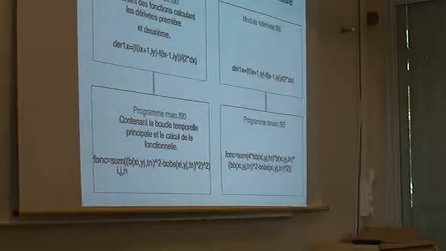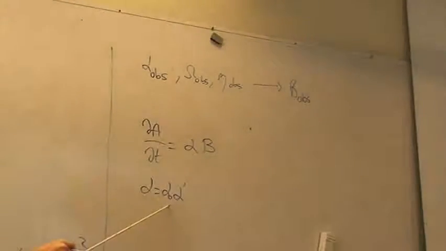Because if you want to assimilate to get the alpha naught, for example, if alpha is alpha naught plus alpha prime, then you will need to get the derivative of J with respect to alpha naught.